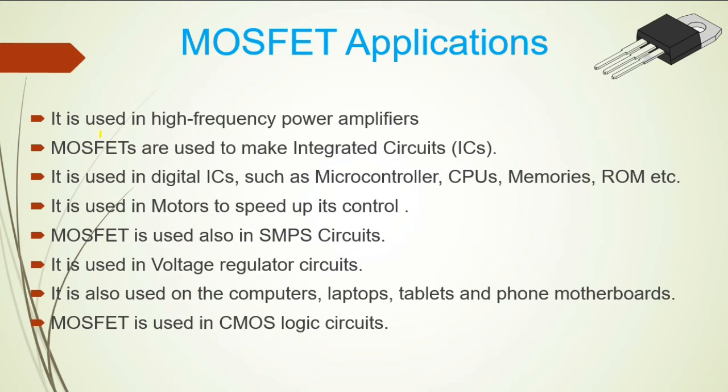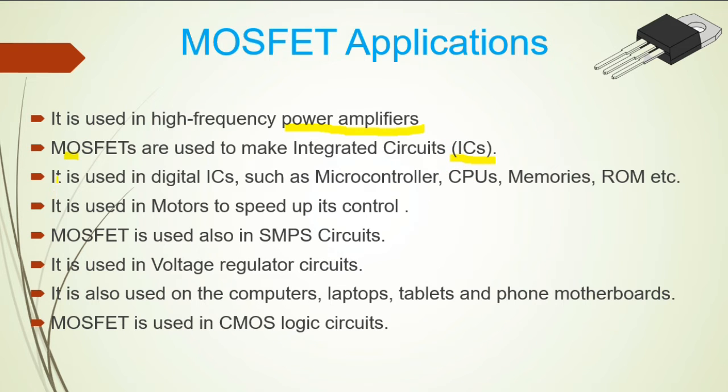As you see here, it is used in high frequency power amplifiers. As we saw before, the MOSFET can be used as an amplifier or as a switch. The MOSFET is used to make integrated circuits, ICs.